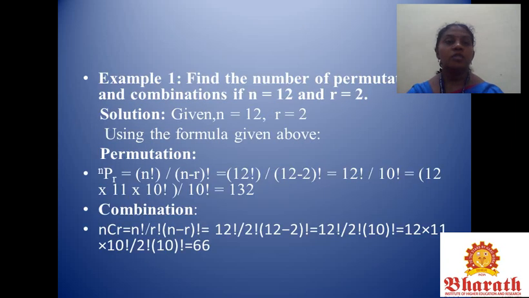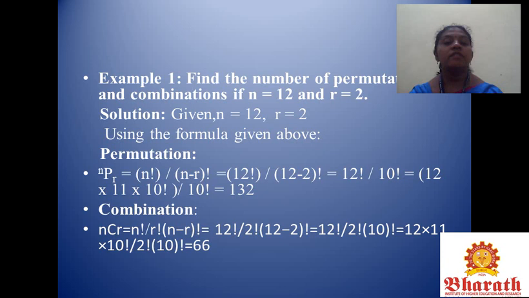So now we are going to see some examples. First one, find the number of permutations and combinations if n equal to 12 and r equal to 2. So here given n equal to 12, r equal to 2. Using the permutation formula given above, nPr equal to n factorial divided by (n minus r) factorial.